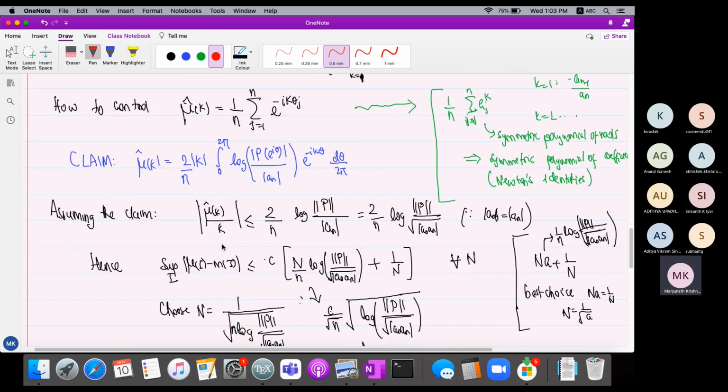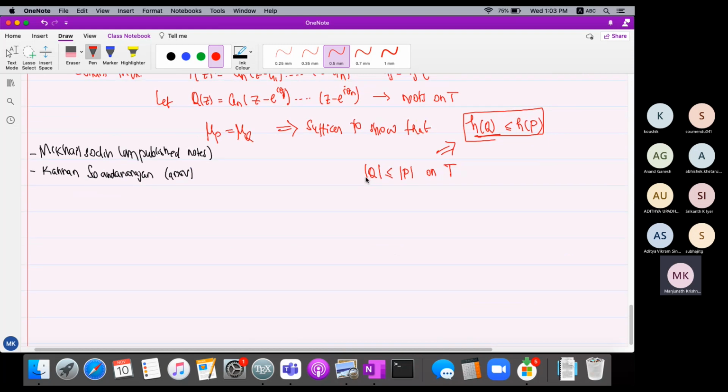Or rather, okay, there is a slight difference. I want to show that mod q over a_n is bounded by mod p over the corresponding quantity on the circle, because this is just the integral of log plus of this and log plus of this. So this is enough to show this. But more or less we have it here.